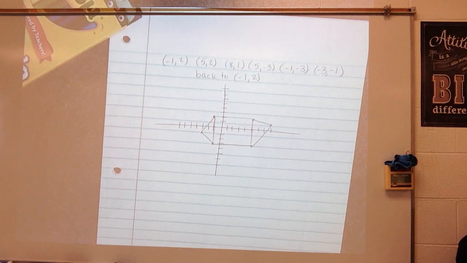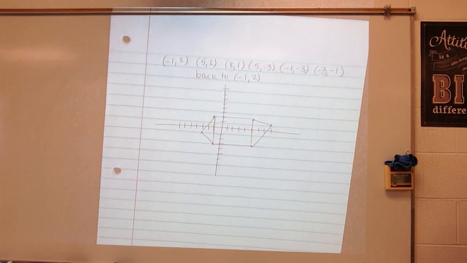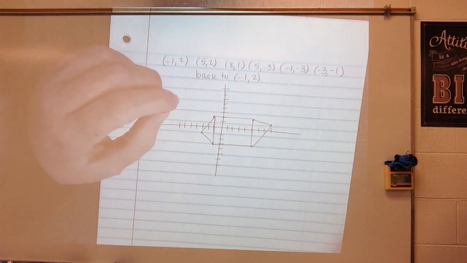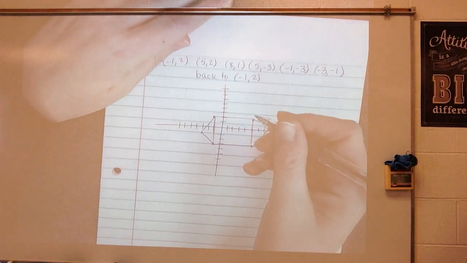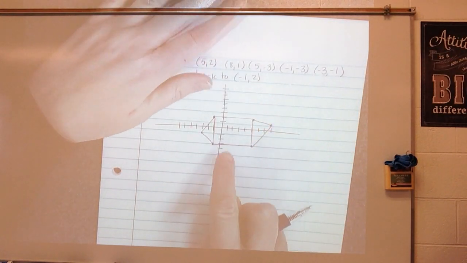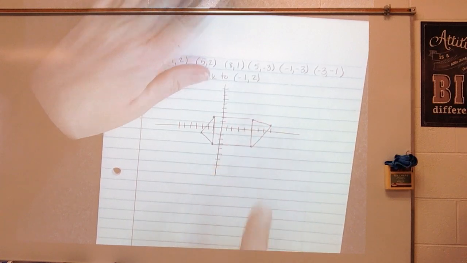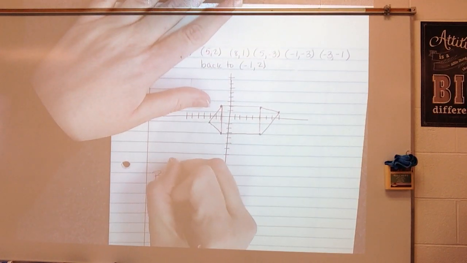I can create a rectangle and 2 triangles here. Now let's think about this. We need to look at finding the area of each of these things. I can actually figure out the length and the width of my rectangle, so we'll start with the rectangle.